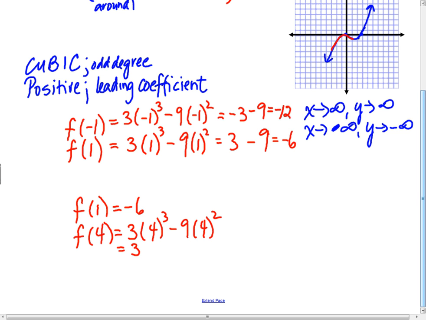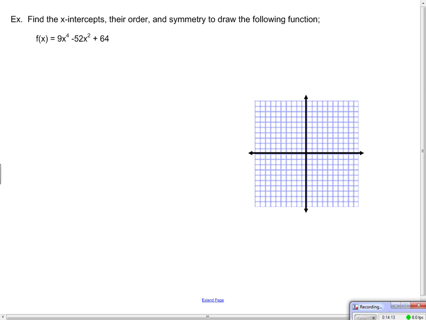Is 3 times 4 cubed, which is 64, minus 9 times 16: 192 minus 144, which is 48. So my function going from 1 to 4 changes from being below the x-axis to above the x-axis. So it passes through that x-intercept 3 because it has odd order.